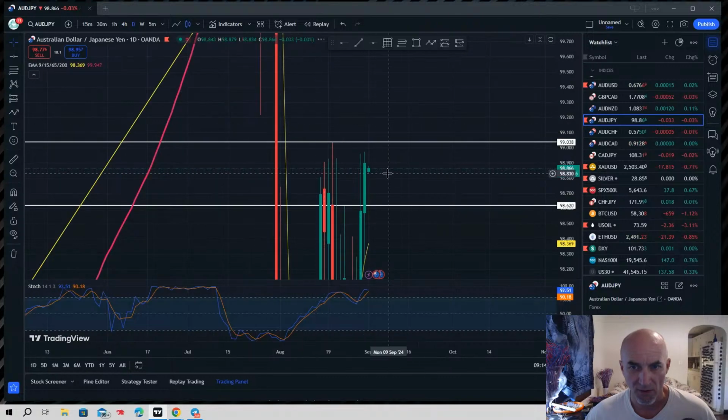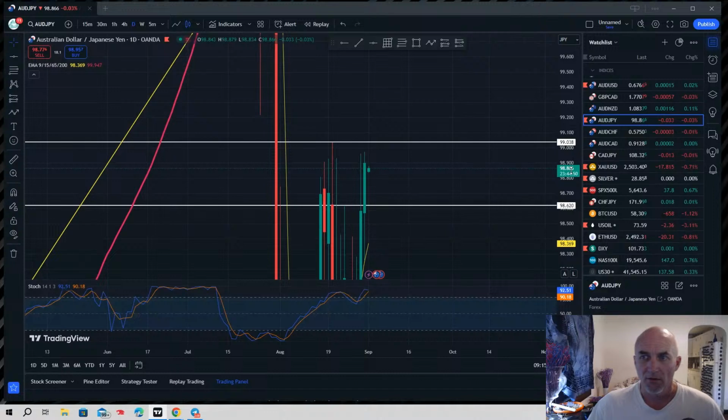This is a new daily candle. It opened at a price of 98,838 and is now at 98,866. So it's basically 99 bucks.